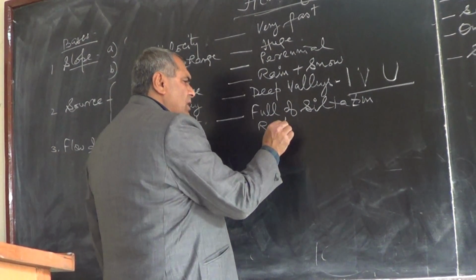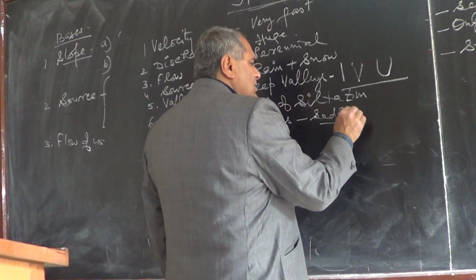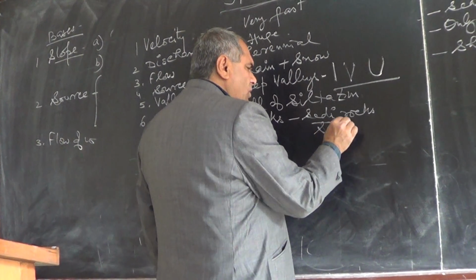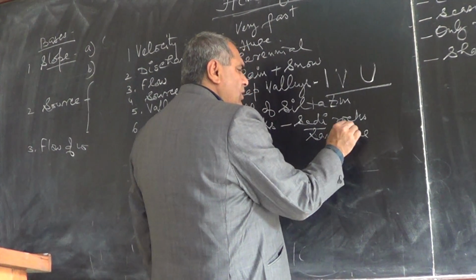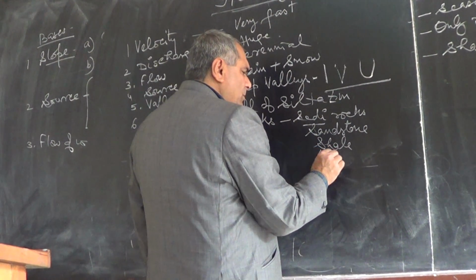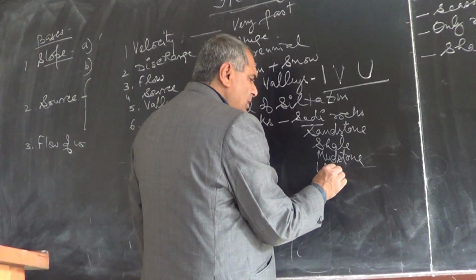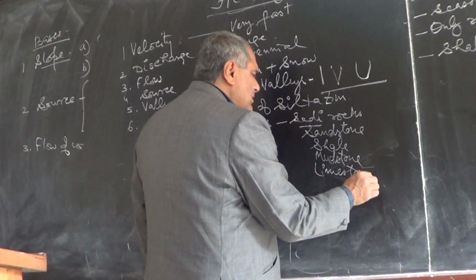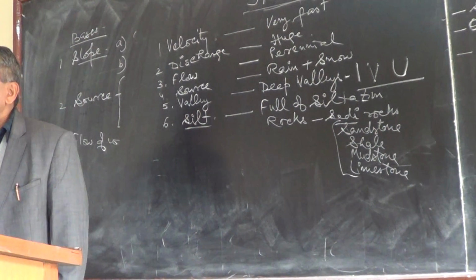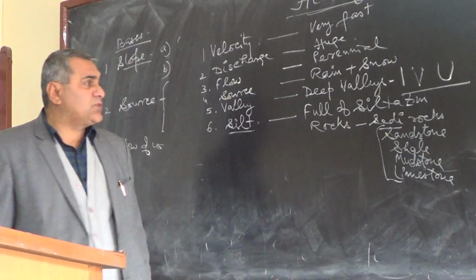Himalayan rocks are sedimentary rocks, basically sandstone, shale, mudstone, limestone. These are the main types of rocks in the Himalayas. They are soft, and erosion and weathering are fast.